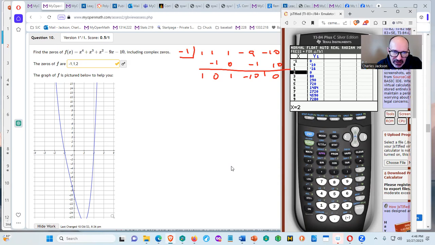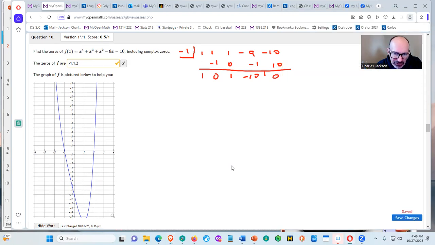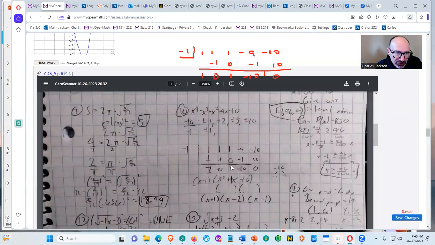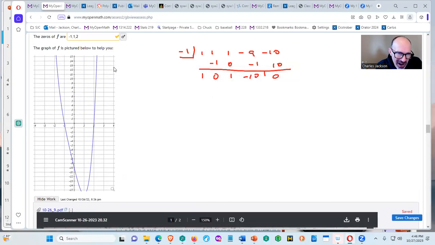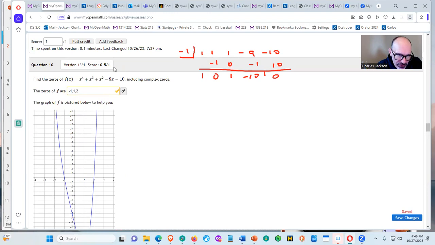And of course, that, no doubt, is on your list of rational zeros, because if it's a 0 and it's a rational number, then it's going to be one of these P over Q's.